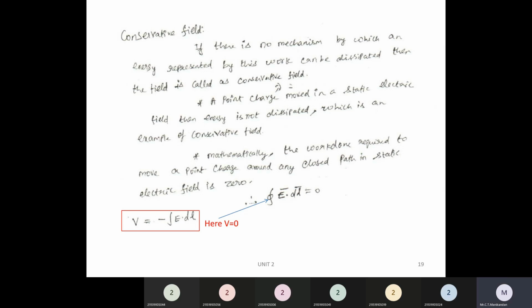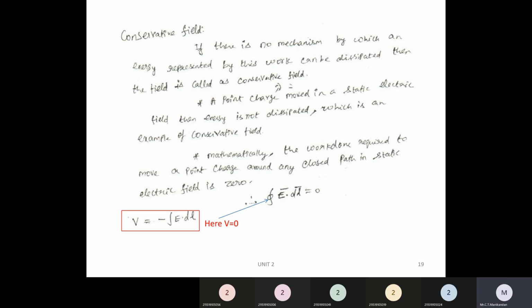If there is no mechanism by which the energy represented by this work can be dissipated into the field, or mathematically, the work done to move a point charge around a closed path in a static electric field is 0. That means V equal to 0. If I substitute V equal to 0, what happens? Closed integral of E dot dl will become 0.